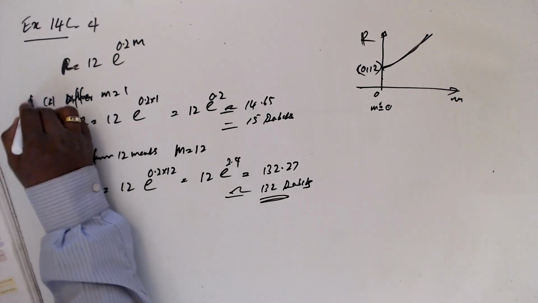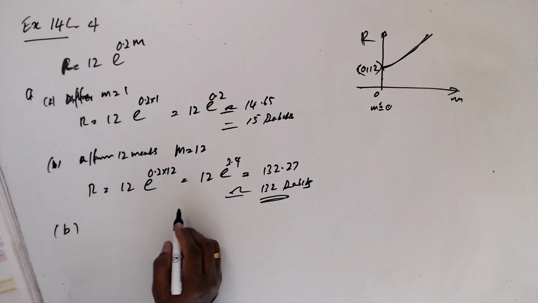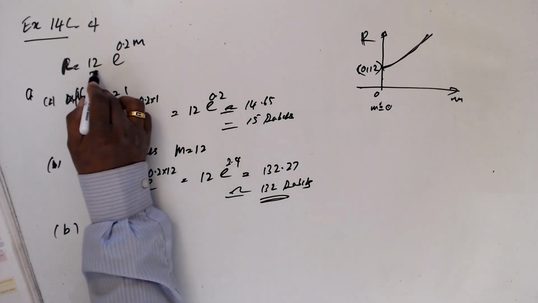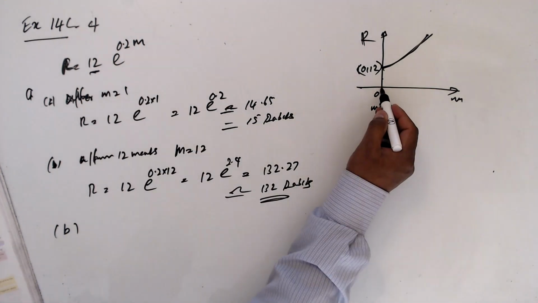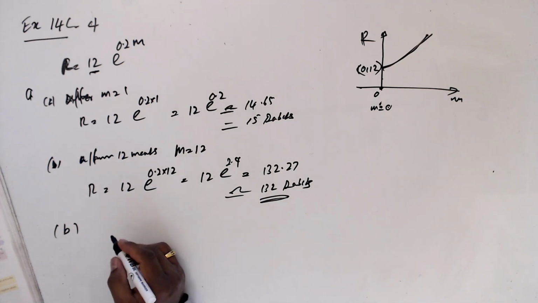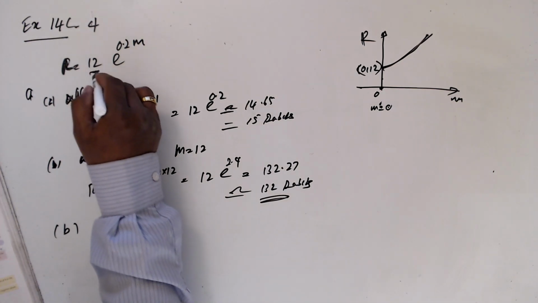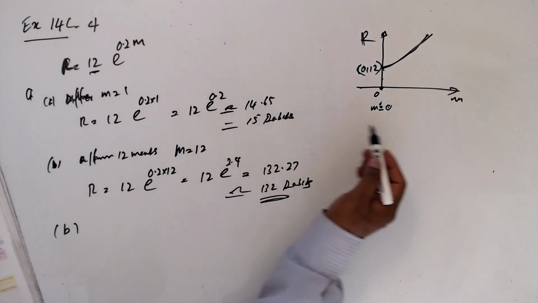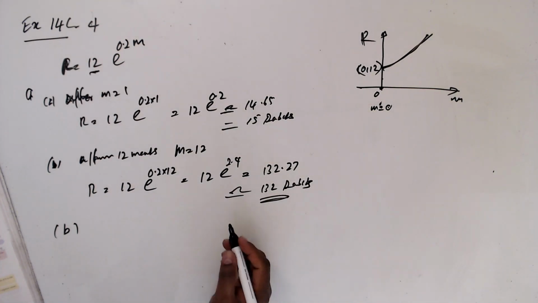Part B, in the question they ask, interpret the meaning of the constant 12 in this model. The constant 12 means the initial number of rabbits at the starting point.